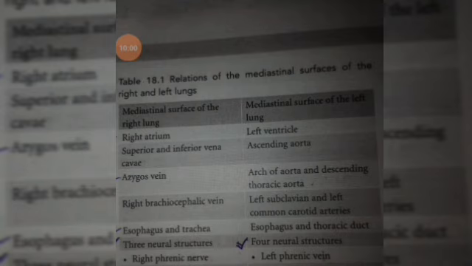It is a branch of the left vagus nerve. Why does the left vagus nerve have a branch? Remember, I told you that the trachea is more on the what? Right side. And because of the arch of the aorta on the left side, the vagus nerve is pushed to the left, and it cannot actually reach.